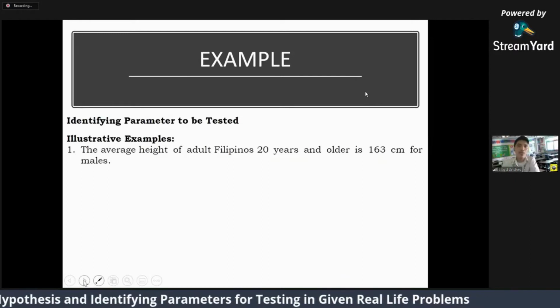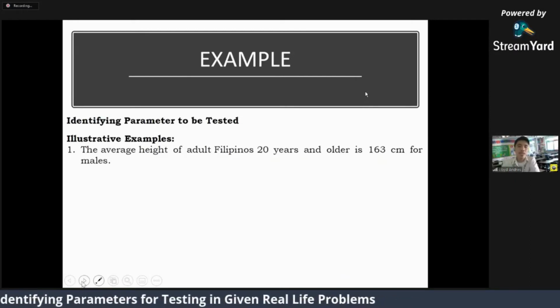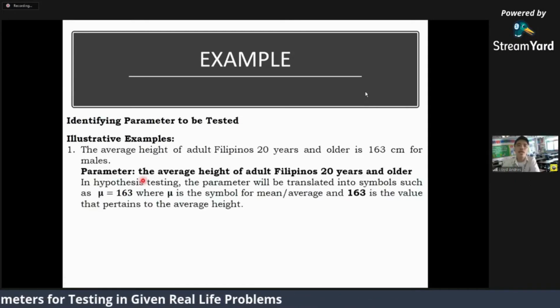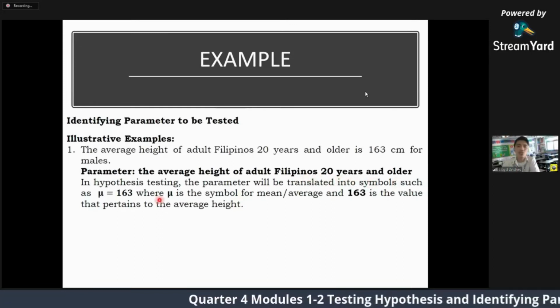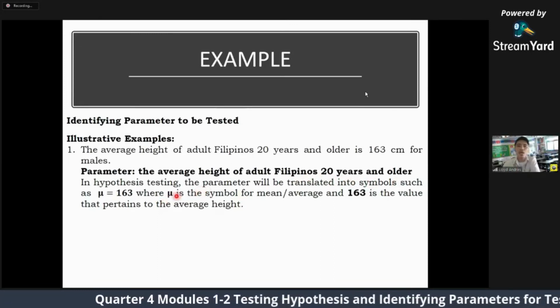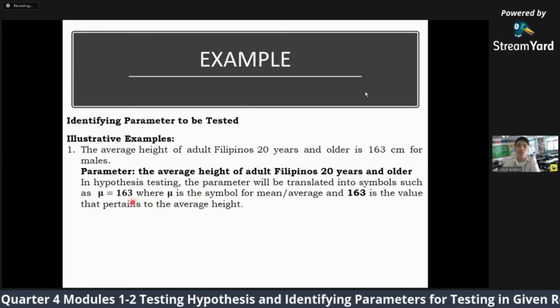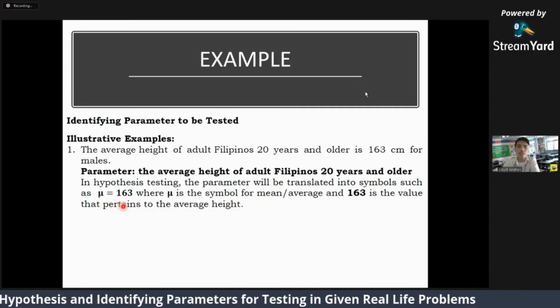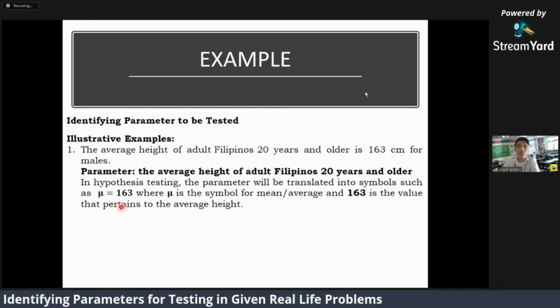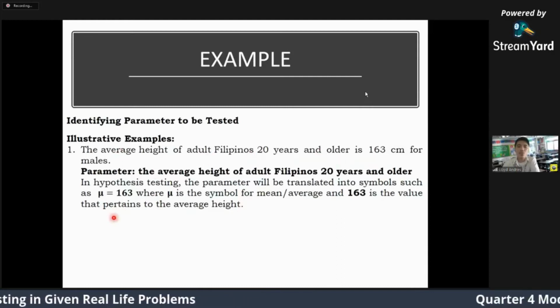So what is the parameter there? The parameter is actually the average height of adult Filipinos 20 years and older. If you want to test the hypothesis, you can say in symbols that mu is equivalent to 163, because this is the average height of all Filipinos. So mu is what we use.